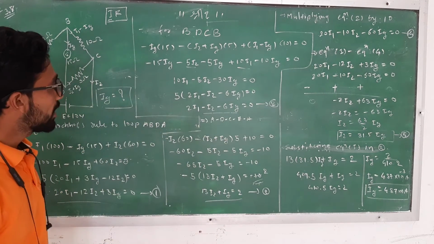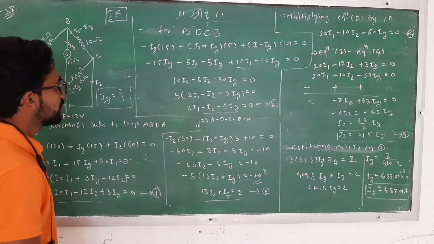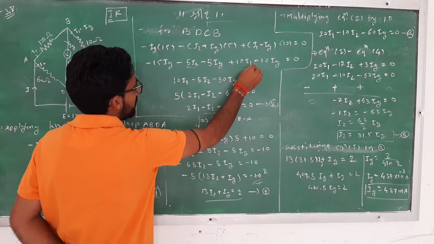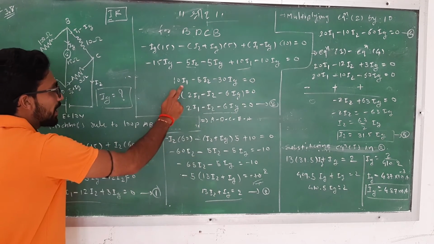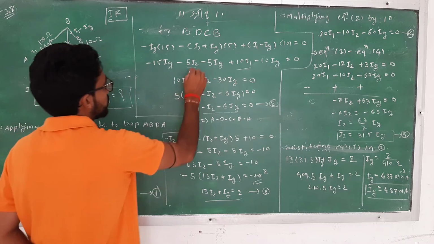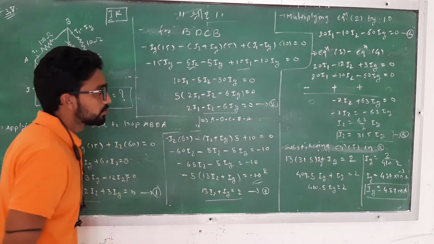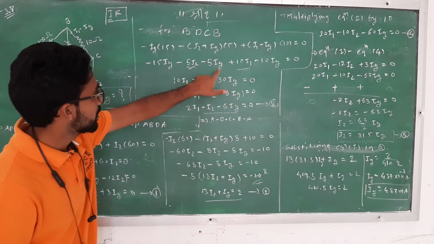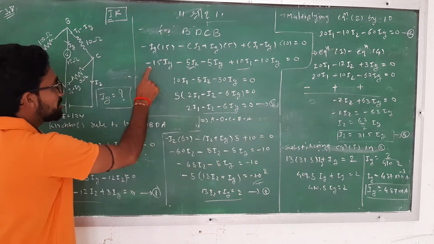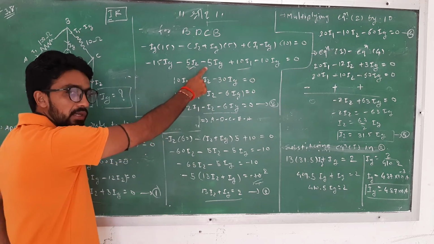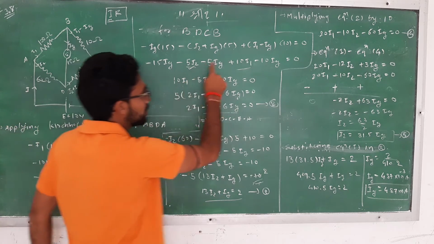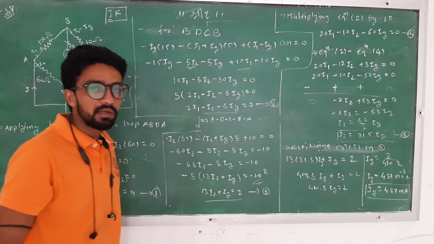Now write the I1 terms first: only one term, 10 I1. Then I2: only one term, minus 5 I2. Now the IC terms: minus 15 minus 5 is minus 20 IC, then minus 20 minus 10 is minus 30 IC.